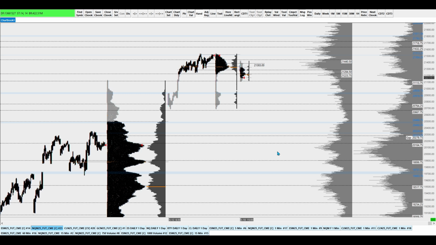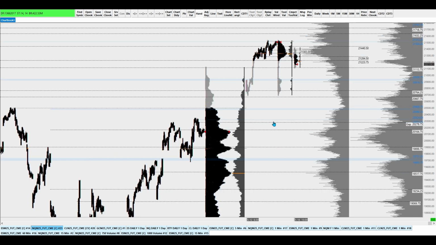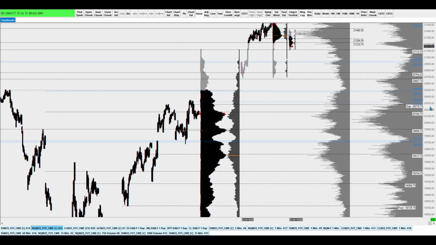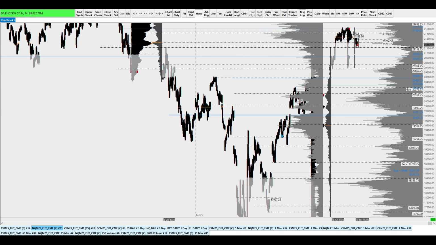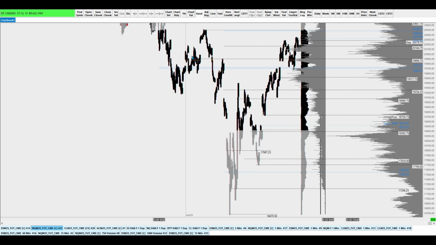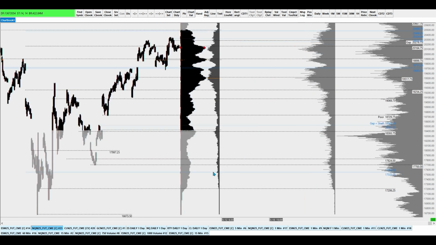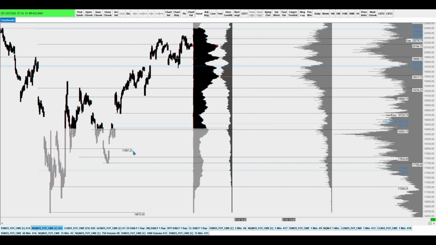But yes, I would think you just trade back down if you lose 20,500. Probably this high volume node right down here, maybe even lower, a deeper retracement. The only issue with this pullback down here, which I think is your low, is that I know some people still don't think it's your low.